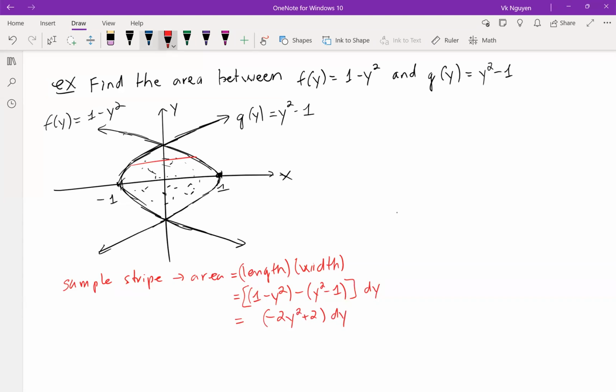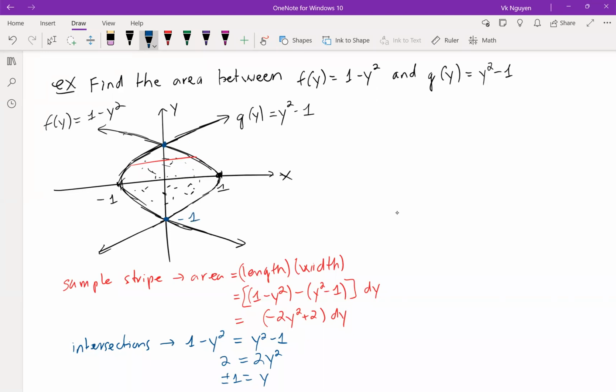Oh, we've got to get the intersections too. We need these two intersection points. Set the two functions equal to each other: 1 minus y squared is y squared minus 1. So we have 2y squared equals 2, so y is plus or minus 1.